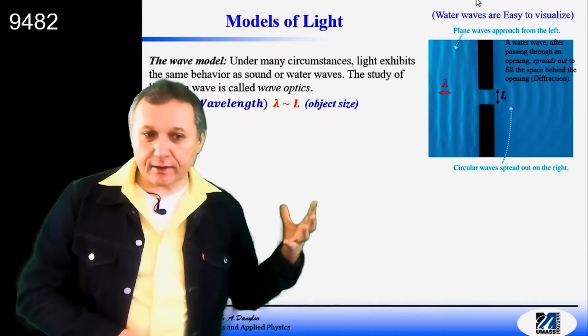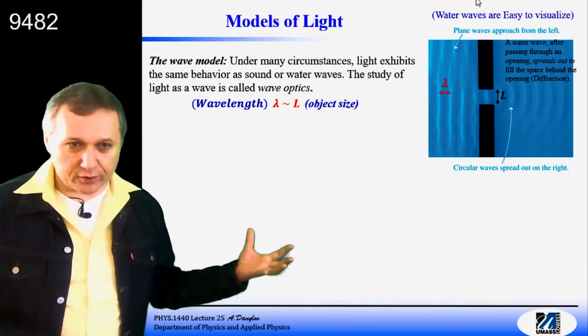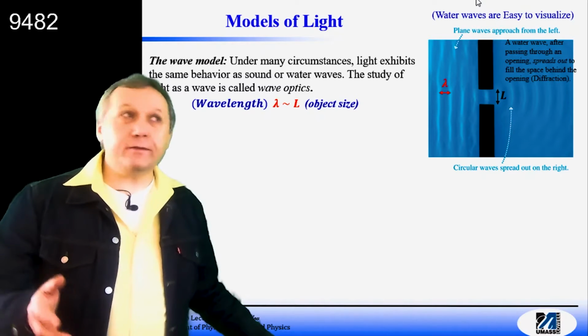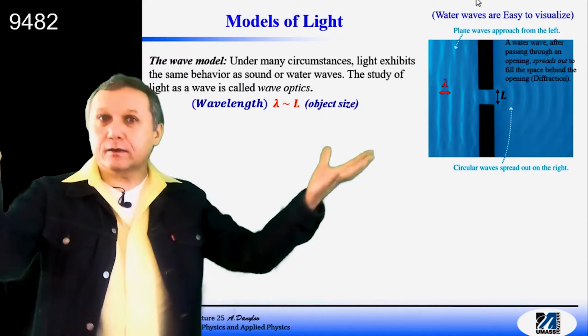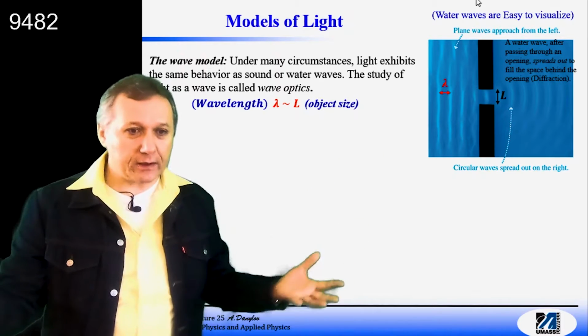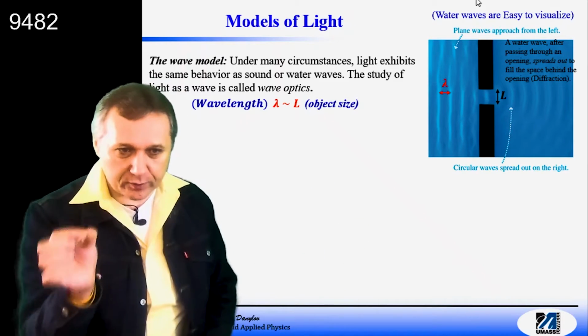Now let's look at the next situation. What if the wavelength of light, the visible light which we use, is teeny tiny, very, very small?